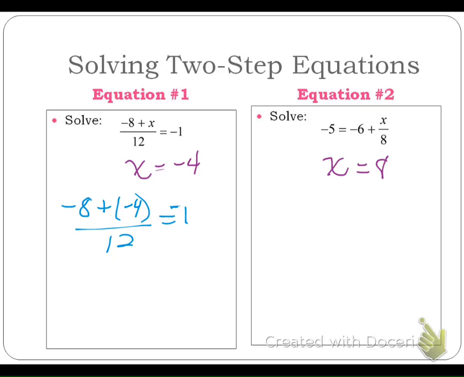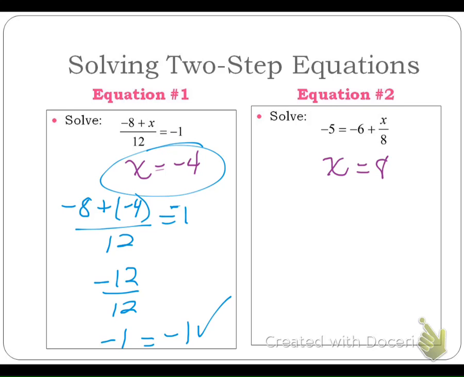I have a negative 8 plus negative 4. Those are the same sign, so I have to add, and the bigger sign wins. So you should get a negative 12 over 12, which is equal to negative 1. So my solution checks. X is equal to negative 4 is correct.